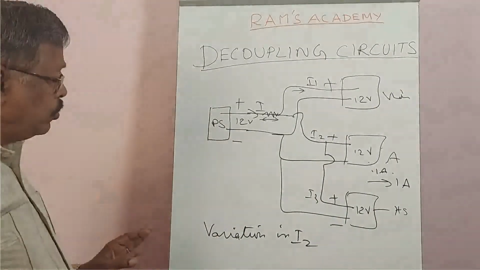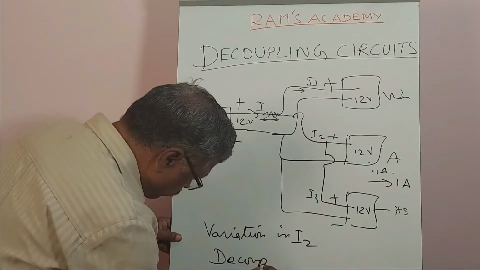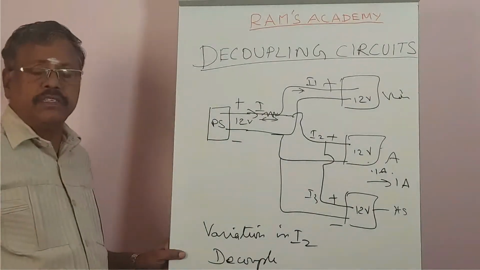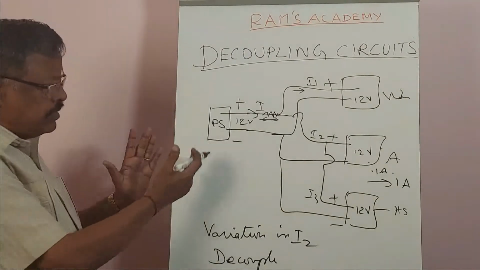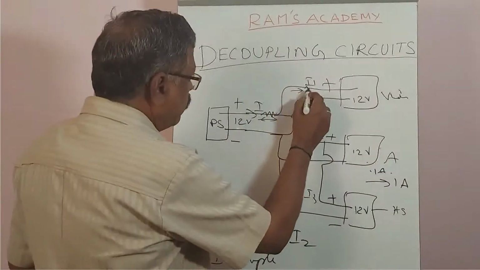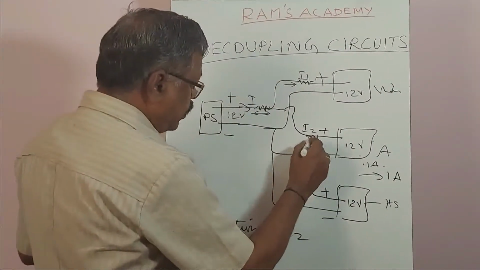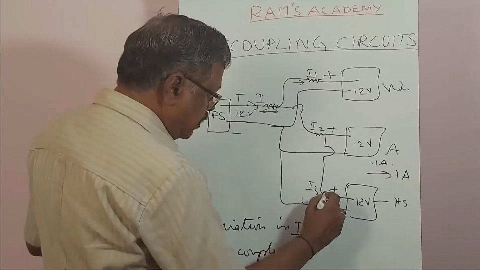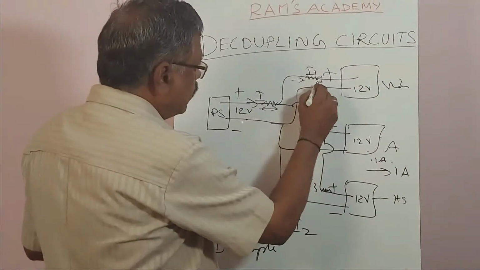Therefore, what we have to do is decouple the circuits. What do you mean by decoupling? You may be using the same power supply for different stages. Try to have a low resistance for every stage, in series with the positive terminal of the power supply, and have a capacitor.